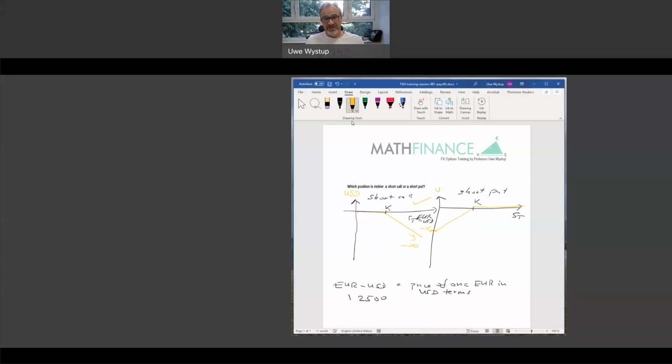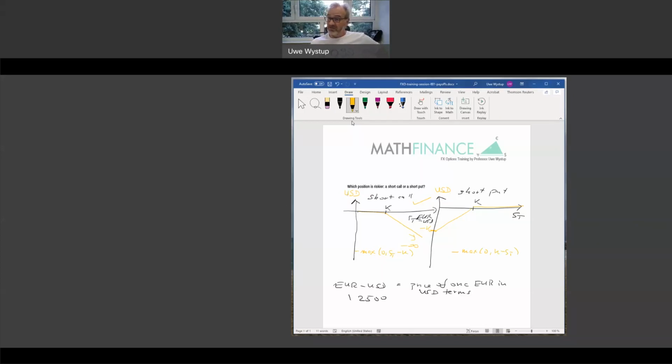Sometimes this is not labeled, but implicitly it's there. And that goes with a payoff formula, also to refresh our memory. This is minus max of 0 and spot final minus strike for the short call. And we've got here minus the max of 0 and strike minus spot final for the short put. So now we've got the graphs, you've got the payoff formulas, everything is sound.